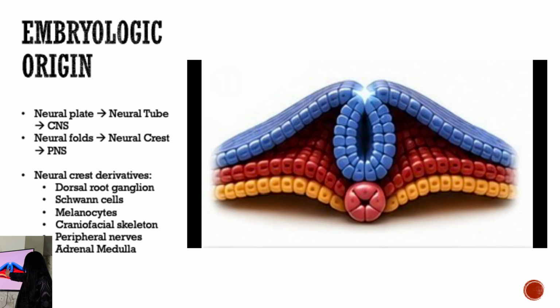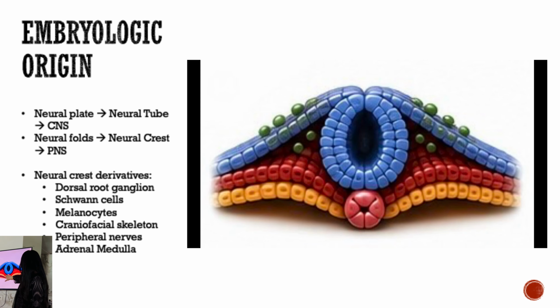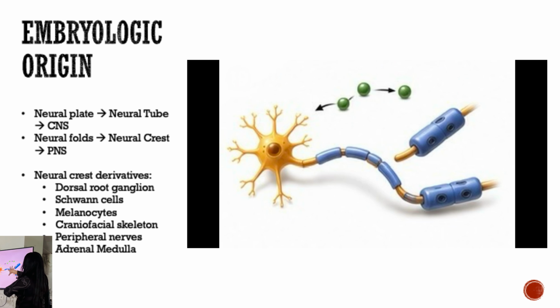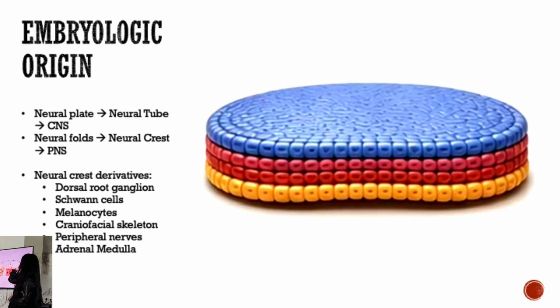Eventually, the neural folds form the neural tube in the center, closing the pores, and these green cells are the neural crest cells, which migrate outward, and eventually they form the origin of our tumor. Neural crest also forms dorsal root ganglia, Schwann cells, melanocytes, craniofacial skeleton, peripheral nerves, and adrenal medulla. Just a brief highlight of my thought process, and any senior can correct me: probably because of that, it has a melanocyte-type population, a craniofacial origin in most locations, and VMA levels because of the common origin from the adrenal medulla.